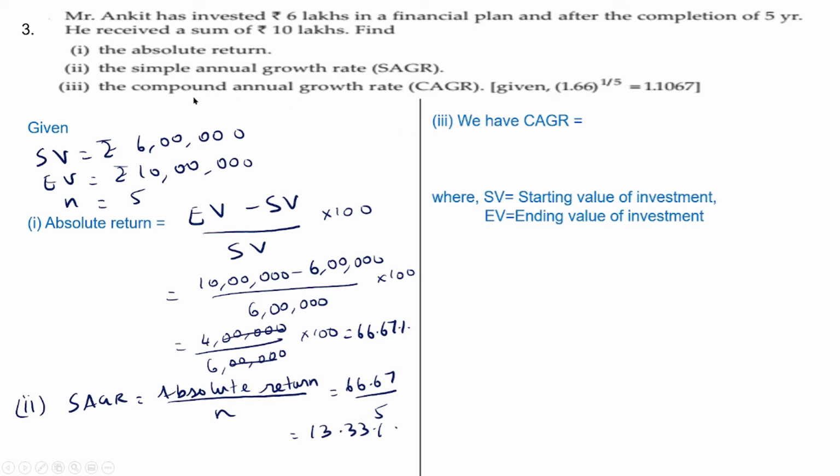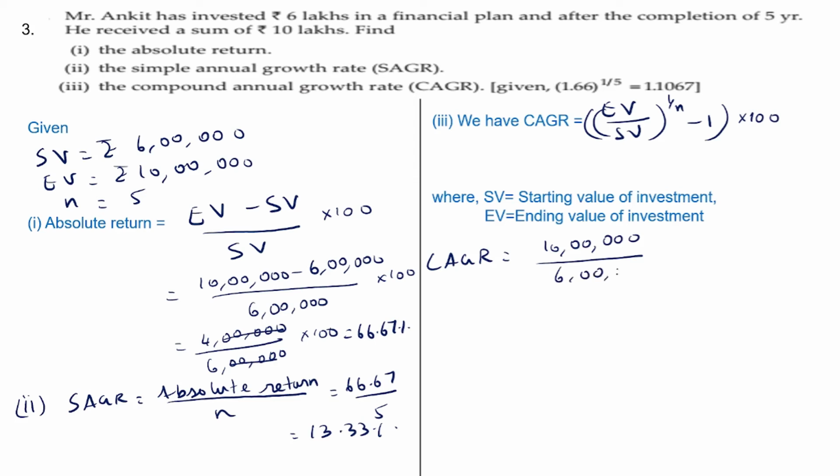And next we have compound annual growth rate. We know the formula. It is ending value upon starting value, the whole raised to 1 by n, minus 1, into 100. When we substitute, ending value is 10 lakhs, starting value is 6 lakhs, the whole raised to 1 by n, which is 5, minus 1, into 100.